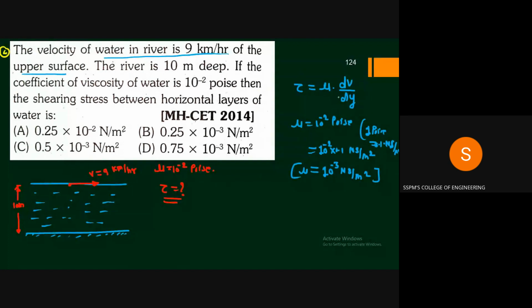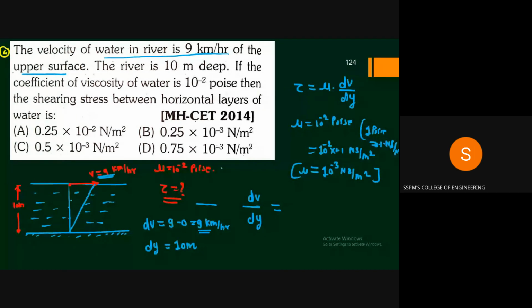Now what is dv by dy? This dv by dy is nothing but the velocity gradient. You can observe here at the topmost layer velocity is 9 kmph. This is the height and this is the velocity gradient. Here dv is nothing but 9 minus 0 and dy is equal to 10 meter. 9 minus 0 is 9 kilometer per hour, so first we have to convert this into meter per second.